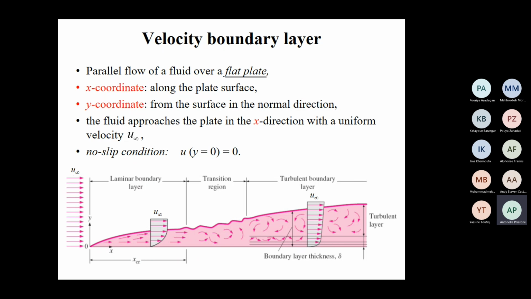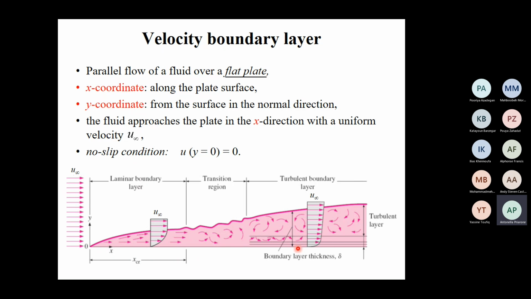So you can see here that I have the velocity arrow that have not only the component parallel to the plate, but a component normal to the plate. That means I have the creation of eddies. This is a turbulent boundary layer, the turbulent zone, in which the velocity profile is a bit different. But for both the laminar flow and the turbulent flow, I have a zone in which the velocity changes from 0 to the undisturbed fluid, to the undisturbed velocity.